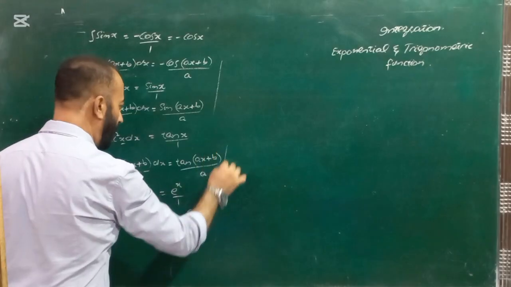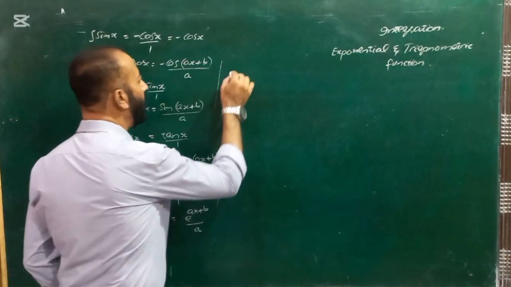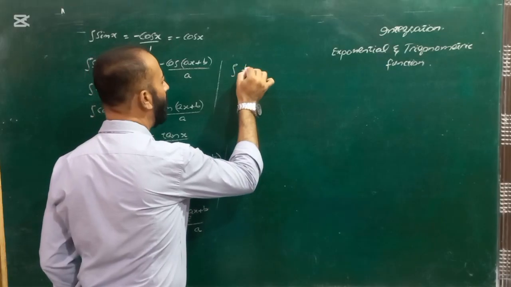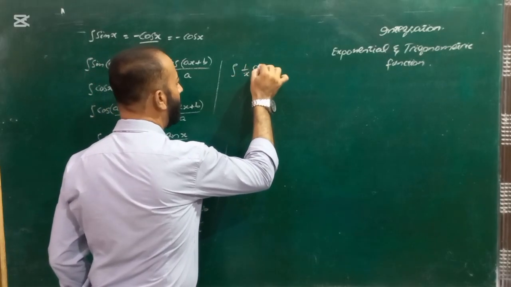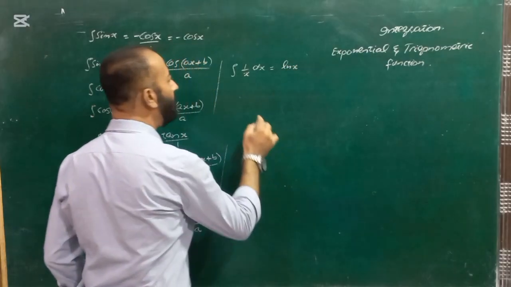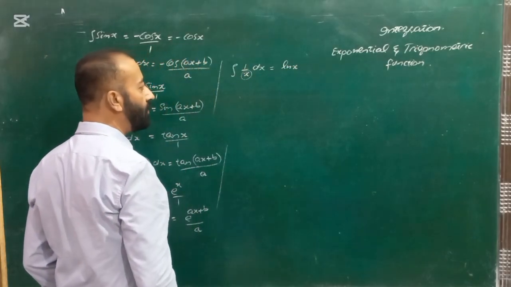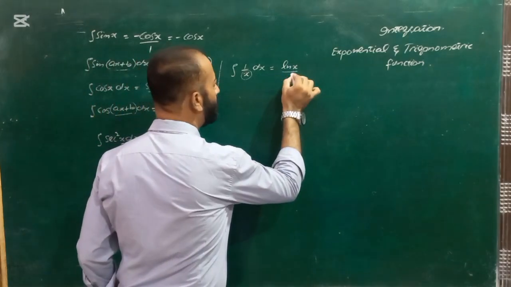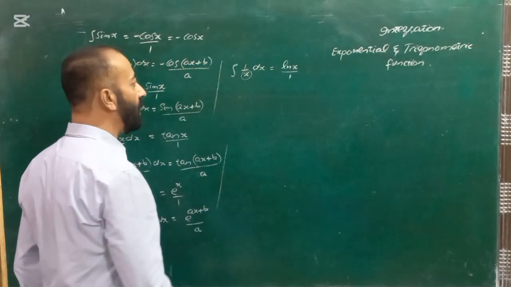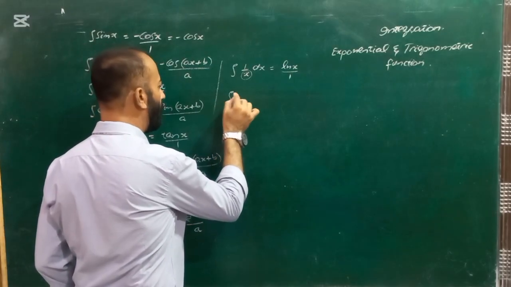And the final thing for today's lecture is the integral of 1 over x, which is natural log of x. Then we will take the differential of the denominator and we will put the differential into the denominator. Now look, I'm going to change the denominator.